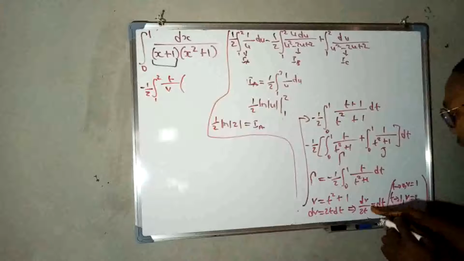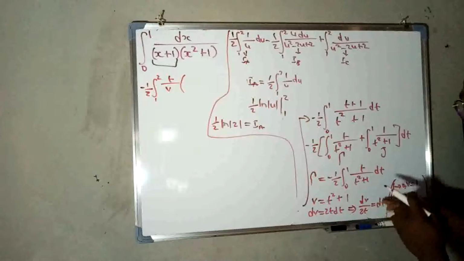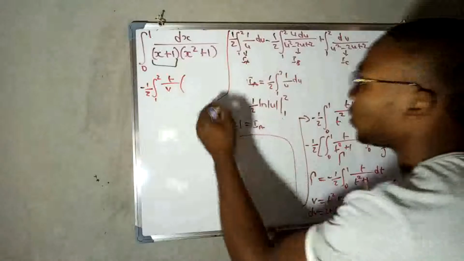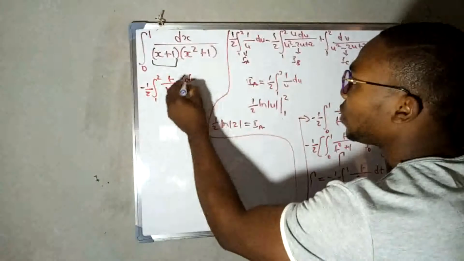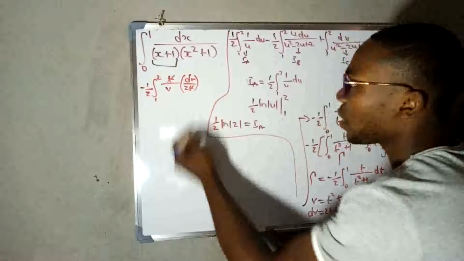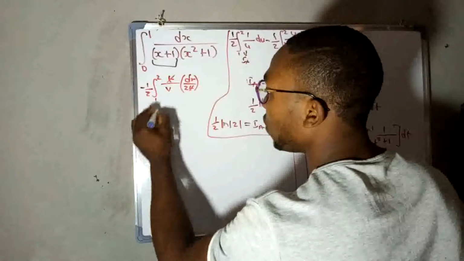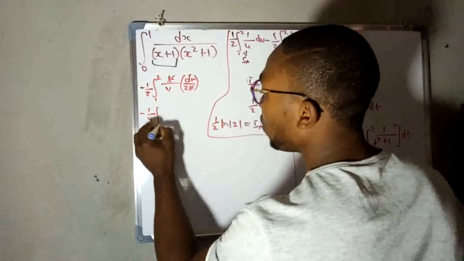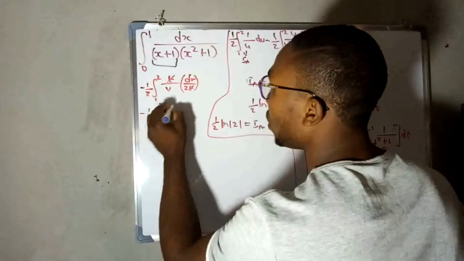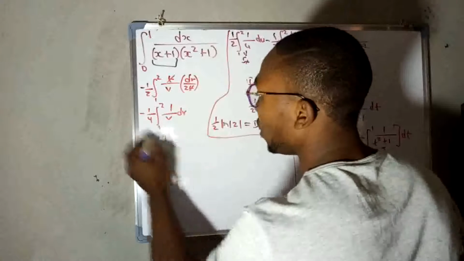Remember, my dt is nothing but dv over 2t. Now my t, we cancel my t. You see that my 2, we multiply this, which is nothing but minus 1 over 4. And I have my limit from 1 to 2. Then I'll be having 1 over v dv.